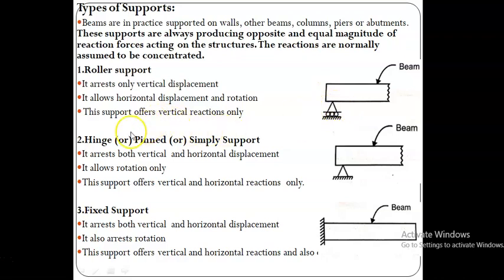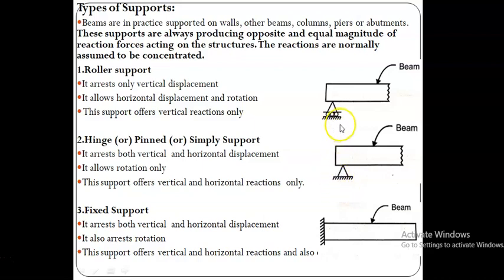Then next we have the hinge, or pinned, or simple support. This is another type of support, and it can be represented like this. The difference between the roller and the hinge is that it doesn't have any roller under it, that's all. If there is no frictionless roller fitted in this support, then if we give any force, either lateral or vertical, it does not move, because it has resistance.